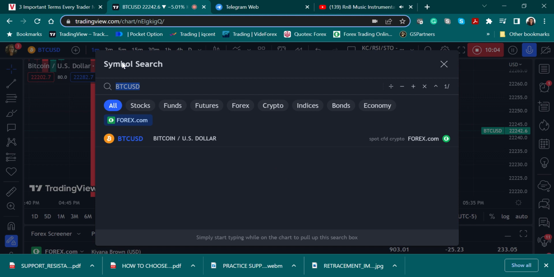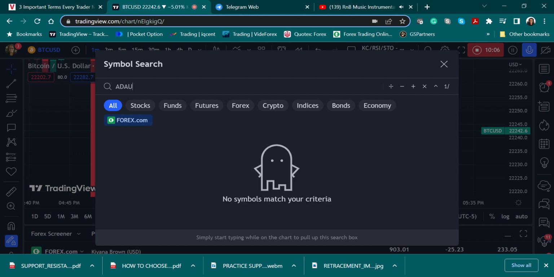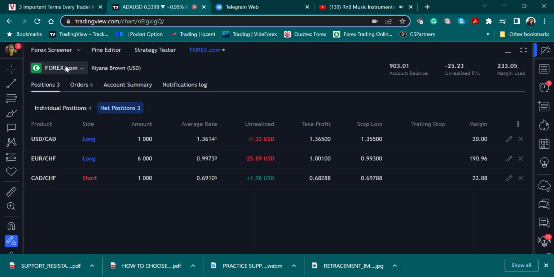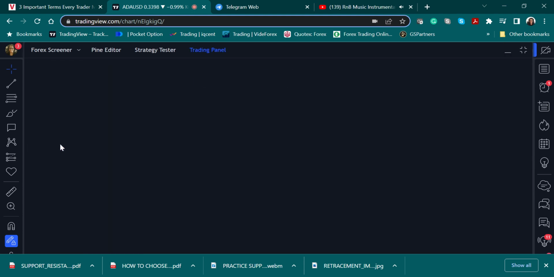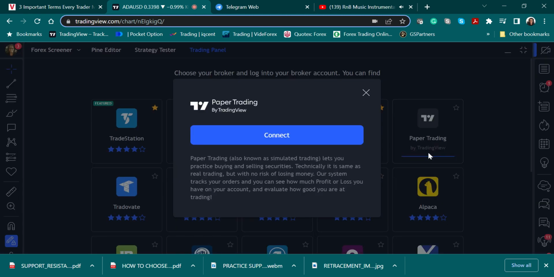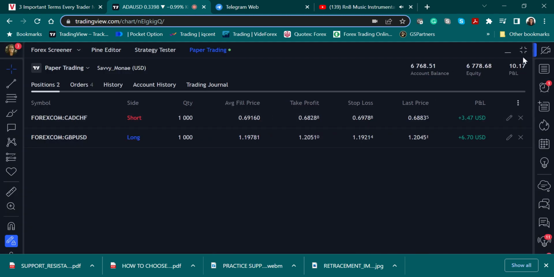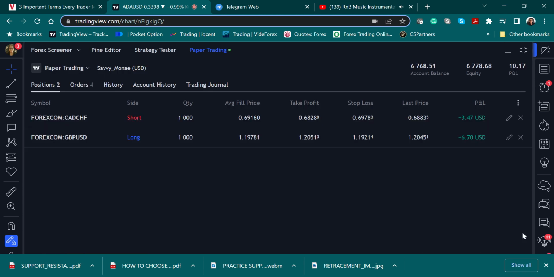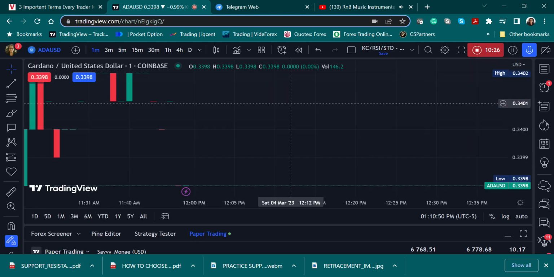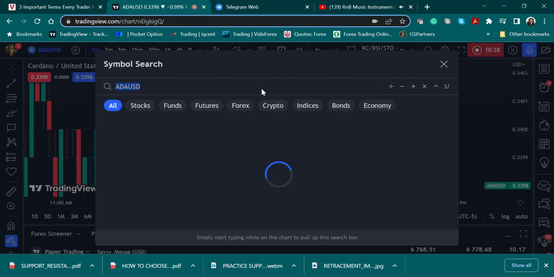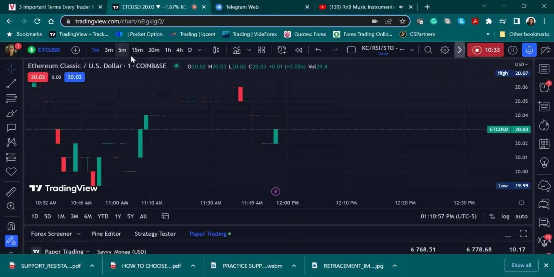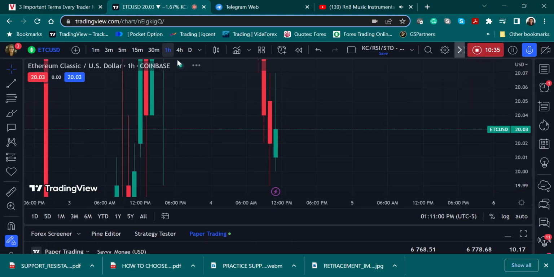Let me see if I can get something a little bit more active. Let me log out of my account and go to paper trading so we can catch some movements. Let's go to the 1 hour time frame.